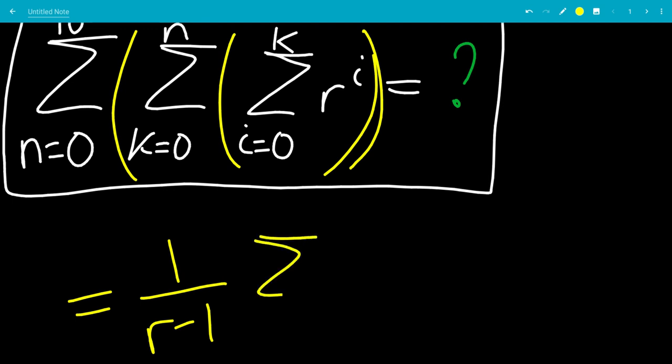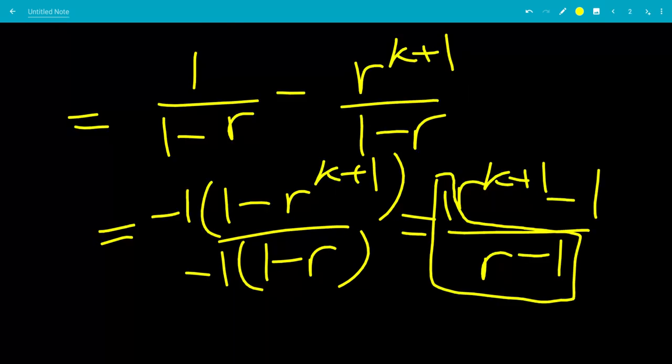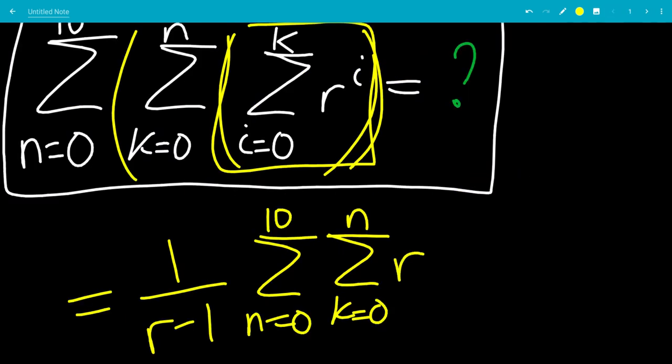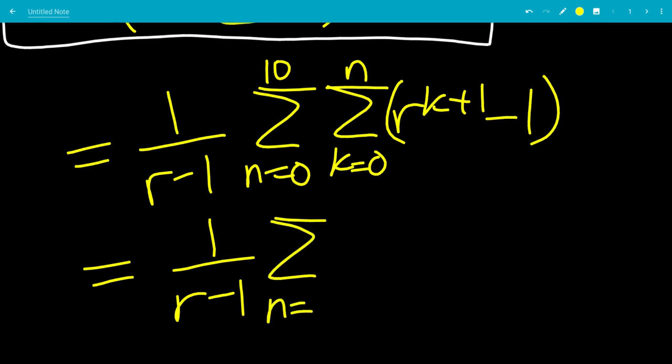And then we're going to repeat the other two sums. So we have the sum from n equals 0 to 10 first of the sum from k equals 0 to n of the part we just found, which is r to the k plus 1 minus 1 in parentheses. Okay, so this will be 1 over r minus 1 times the sum from n equals 0 to 10. And now we're going to write a bracket.